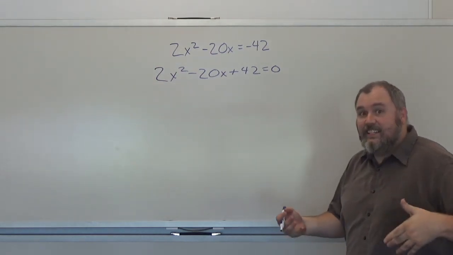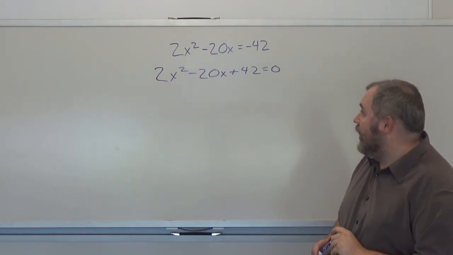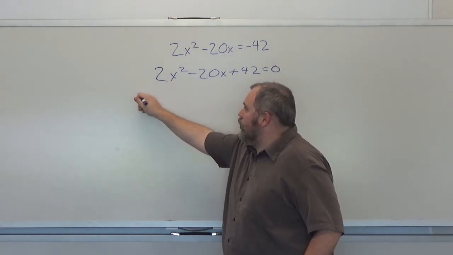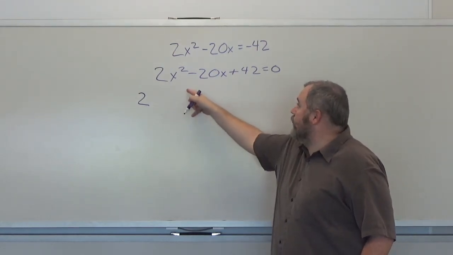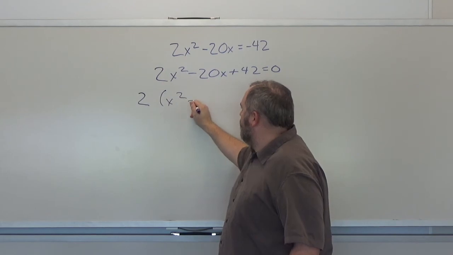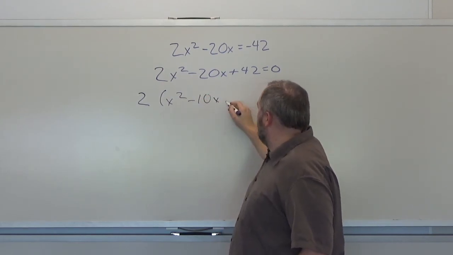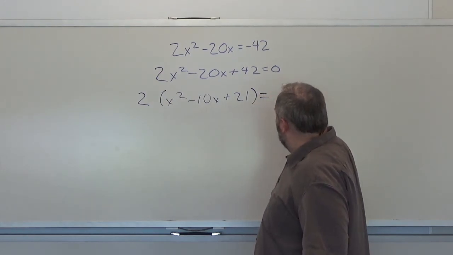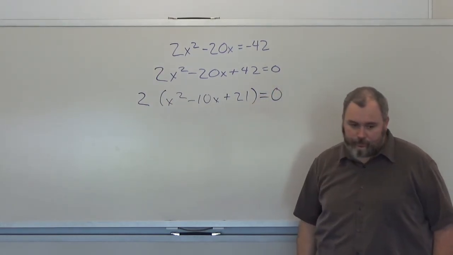First off, is there a GCF in this? Yes, there is. This time we do have one. So I'm going to write 2 out to the side because we know 2 can go into all these terms. And that's going to give me x squared minus 10x plus 21 equals 0.